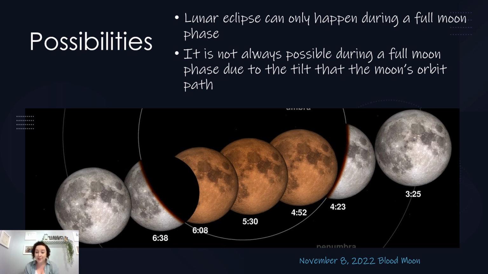So our next opportunity is actually coming up in a couple weeks. We have a total lunar eclipse occurring over the northern hemisphere on November 8th, 2022. Now, I'm looking at my cool little map thing on my phone. I can't see that because it just doesn't work that way.